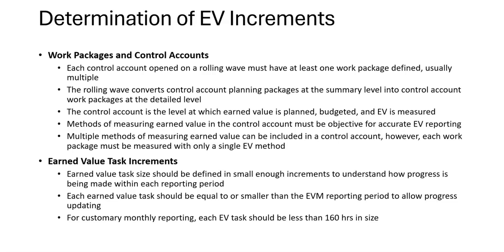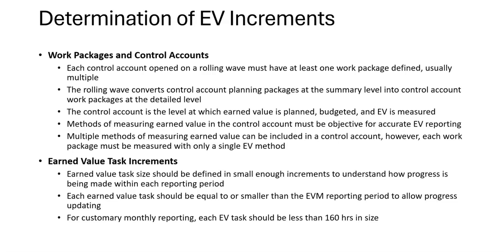The control account is the level at which earned value is planned, budgeted, and EV is measured and reported to management. The work package earned value is where you actually do the calculations, but then it rolls up into the control account for reporting to the customer and to program management. So therefore the work packages have the EV milestones.